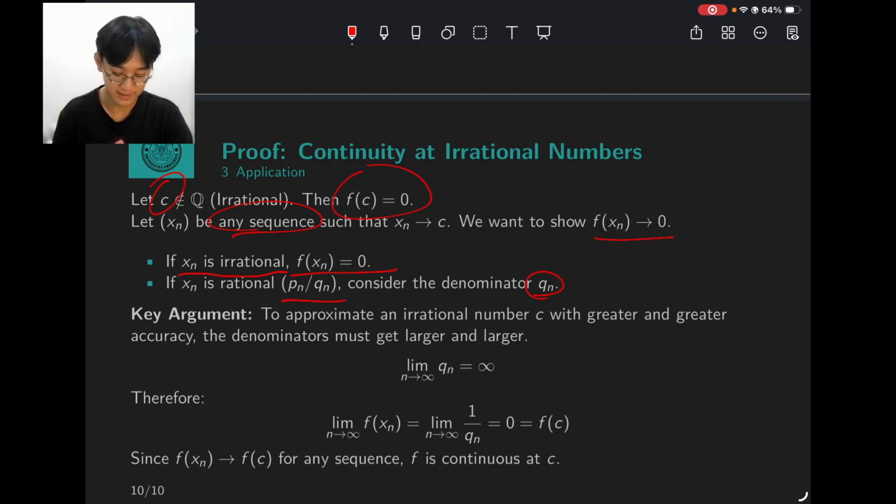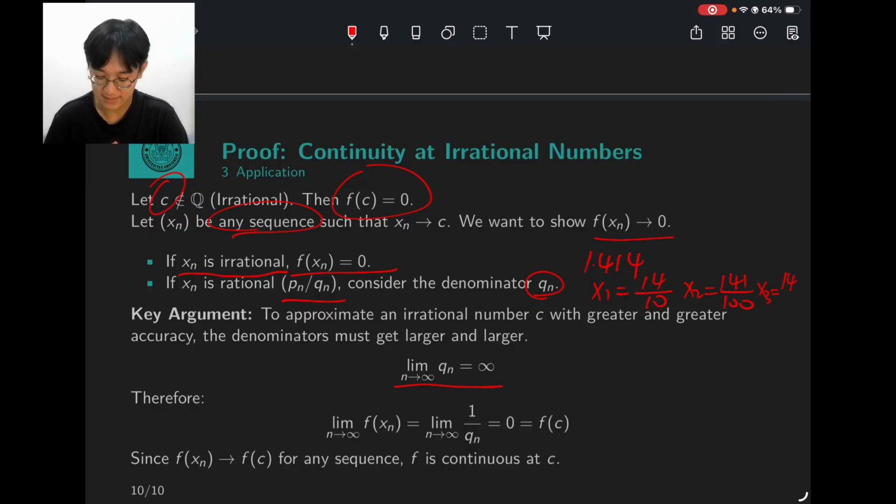So here is a key argument here. As n goes to infinity, qn will also go to infinity. Why? For example, we have 1.414. So x1 will be 14 over 10, x2 will be 141 over 100, x3 will be 1414 over 1000.